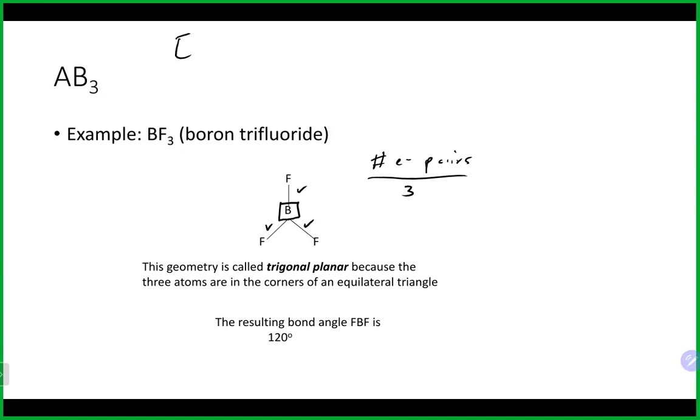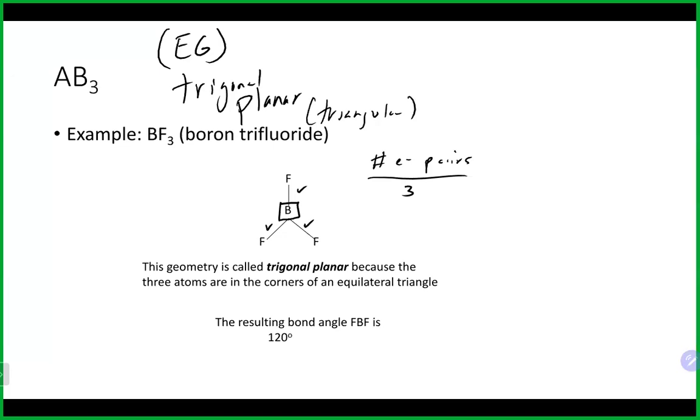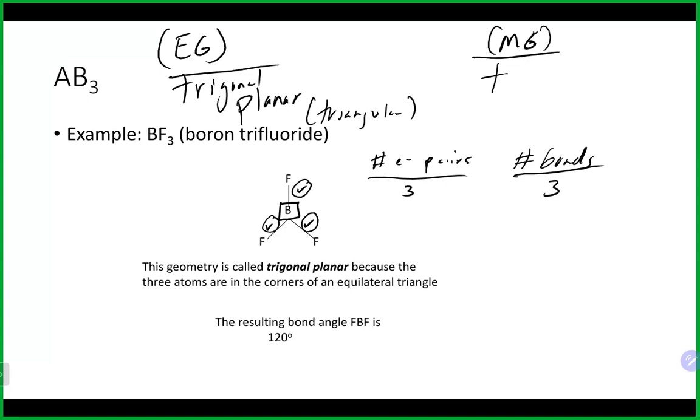In terms of the electron geometry name, something with 3 electron pairs is trigonal planar, or sometimes referred to as triangular. Now it also has 1, 2, and 3 bonds as well. So it also has 3 bonds. And the molecular geometry name in this case is also trigonal planar.